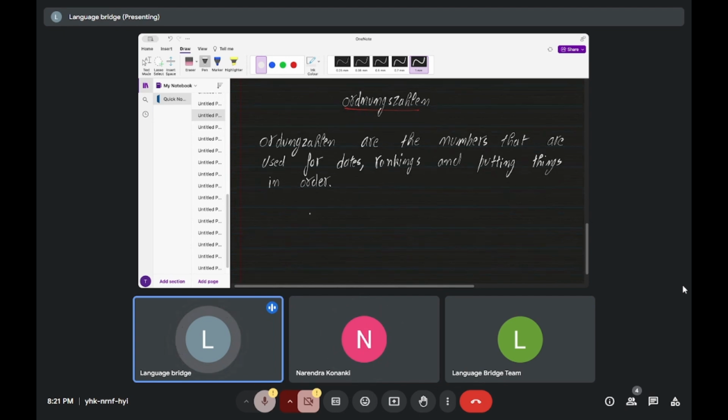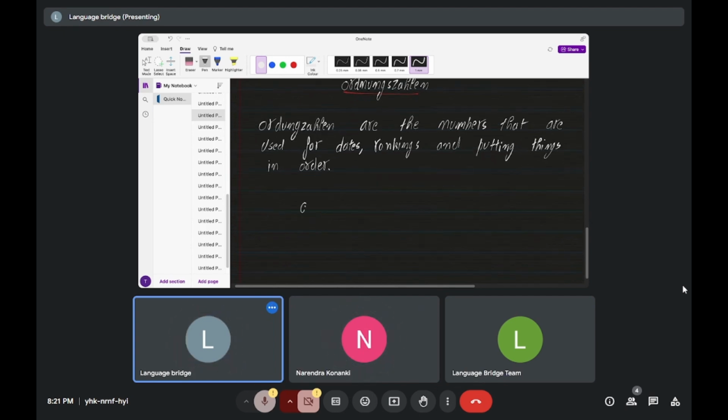And let's see what those are in English, auf Englisch.